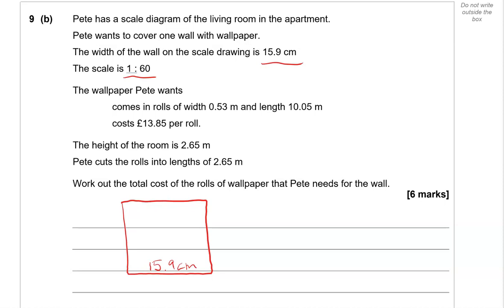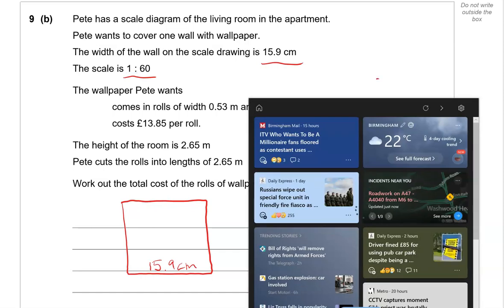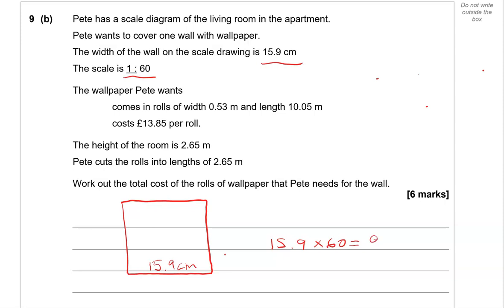So that means in reality this will be 60 times larger. So 15.9 times 60 will give us the actual dimension of the width of the room. So that is 954. And that is centimeters.